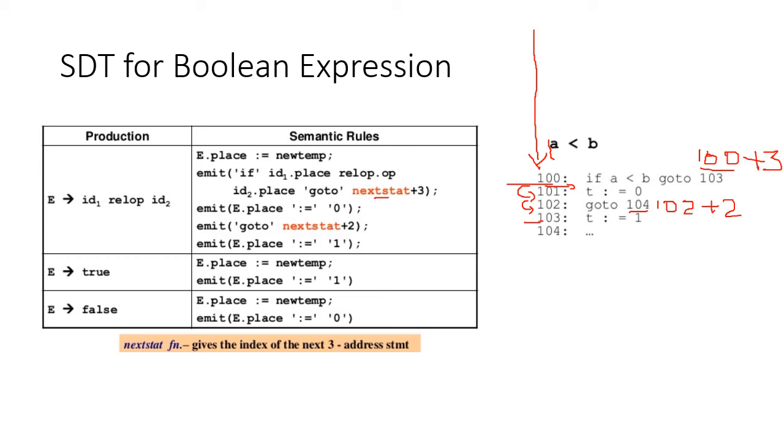Then it increments to three address statement 103: e.place, that is t equal to 1. E gives true. E.place equal to new temp, that means e.place equal to 1. E gives false. E.place equal to new temp. Emit e.place equal to 0.